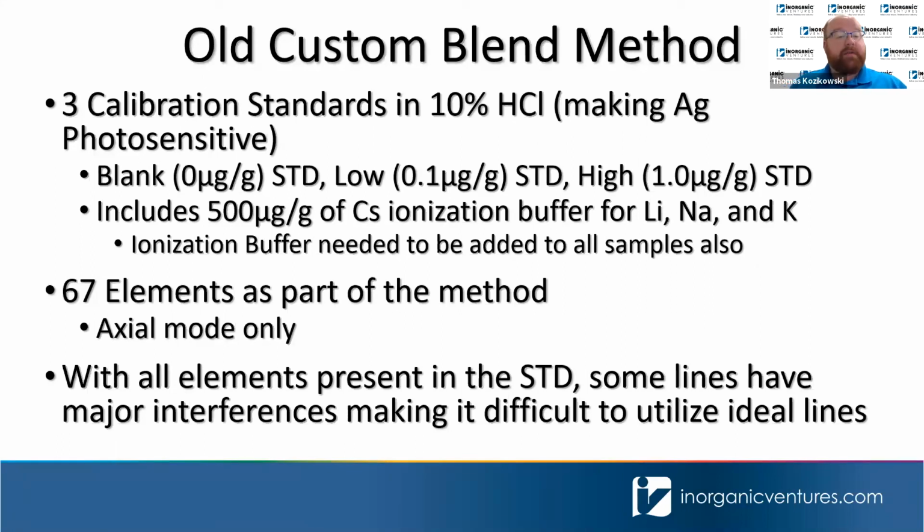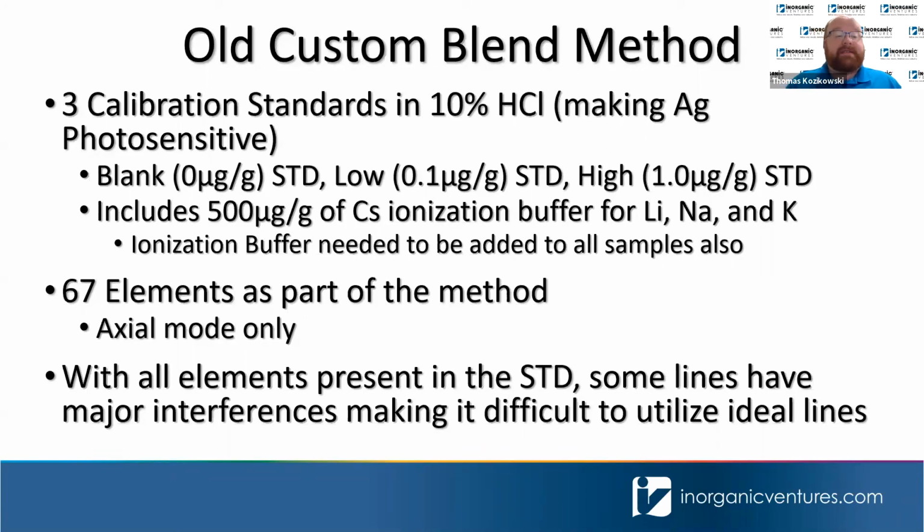We did include the use of an ionization buffer. So all of our samples and our preps, standards, all of it gets 500 ppm cesium added to it. And this helped with the signal response for lithium, sodium, and potassium. Like I said, though, you need to actually add this to all the samples and the standards so that you get consistent results between all the intensities.